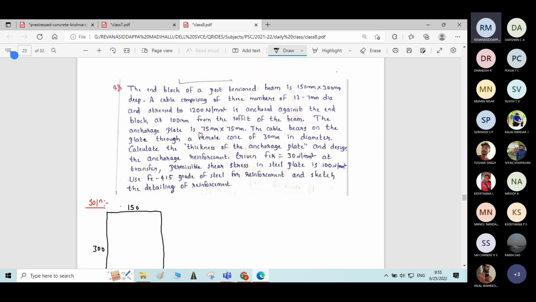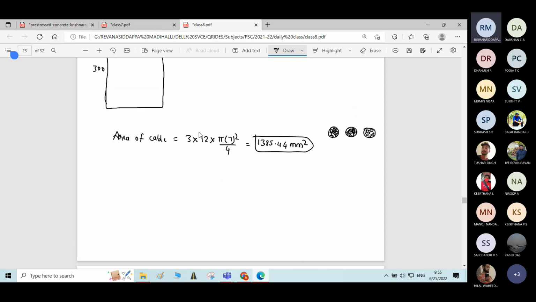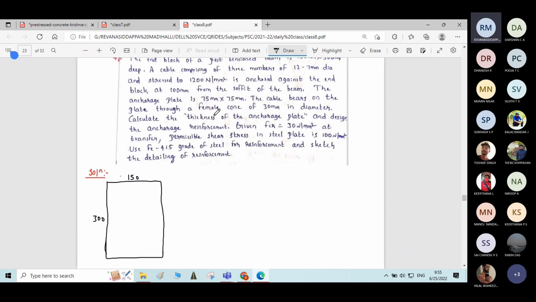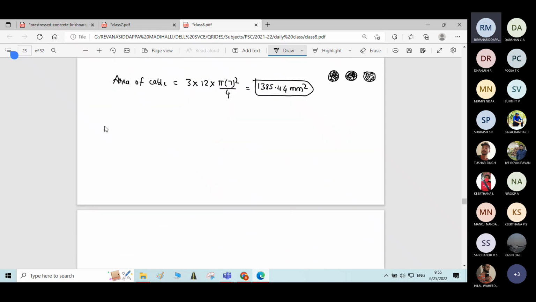Stress in the cable is given as 1200 Newton per mm square. Pre-stress is equal to 1200 Newton per mm square, and the area of the cable we have calculated, so you can calculate the pre-stressing force.